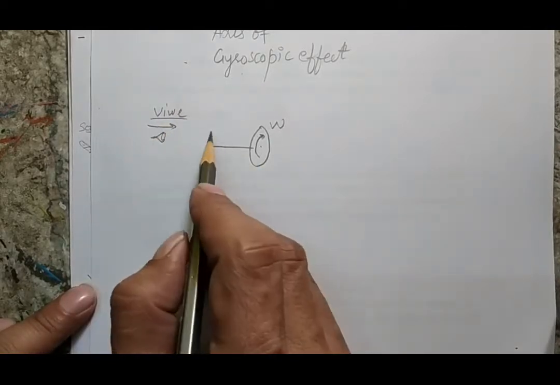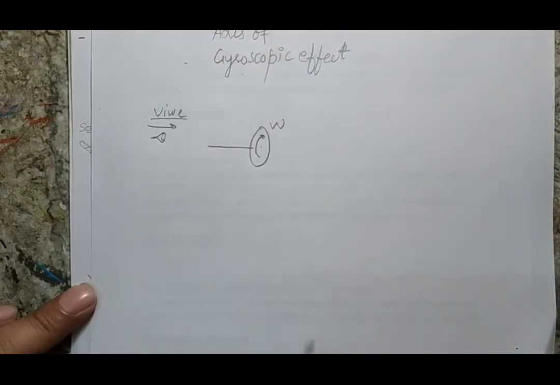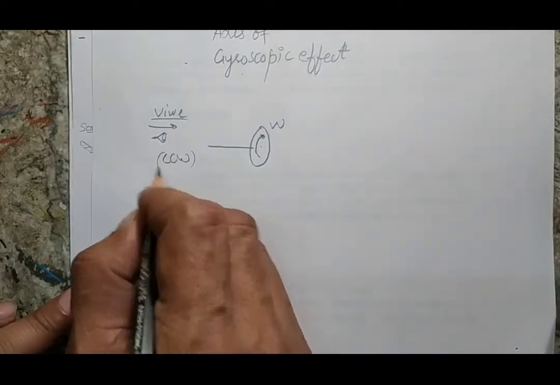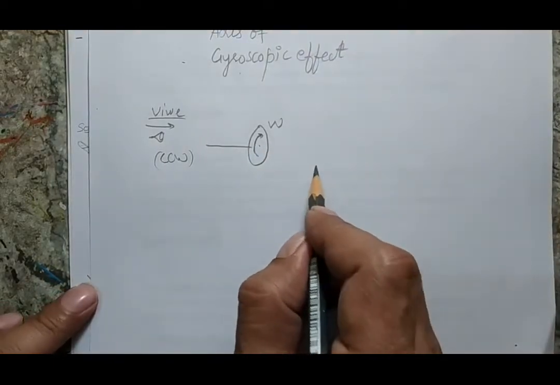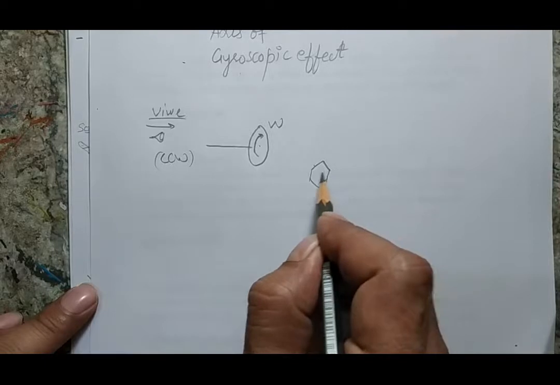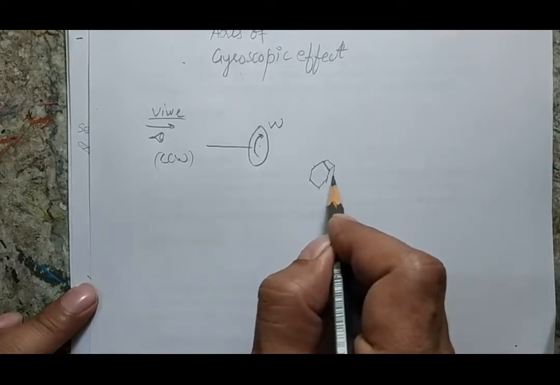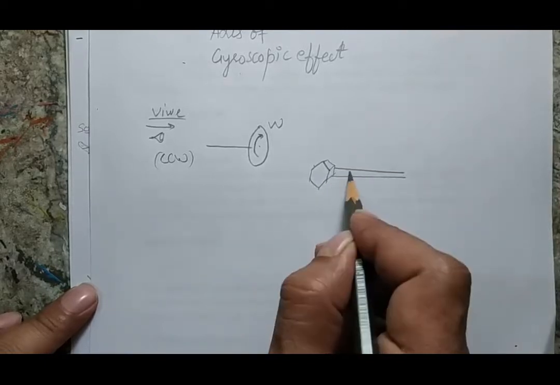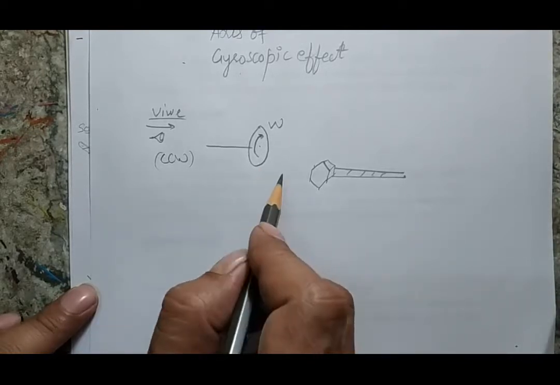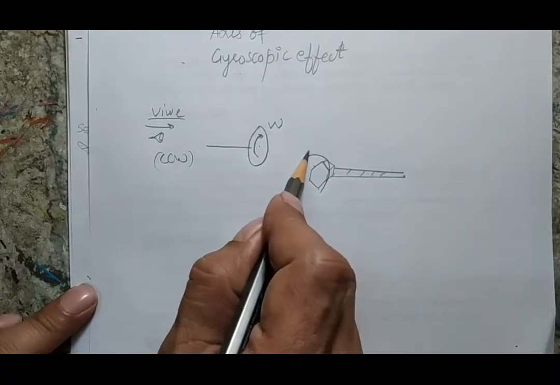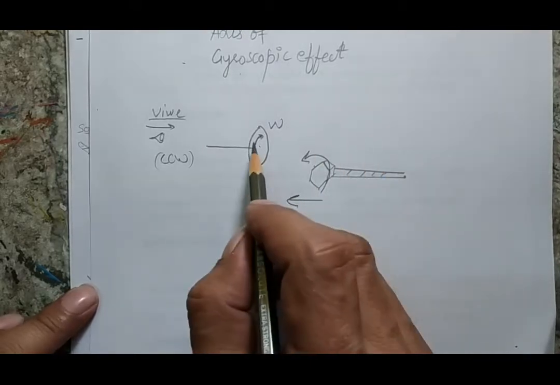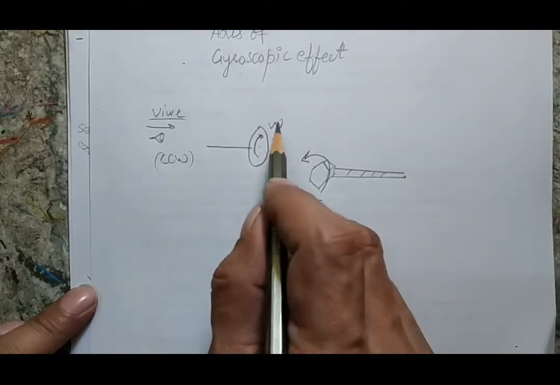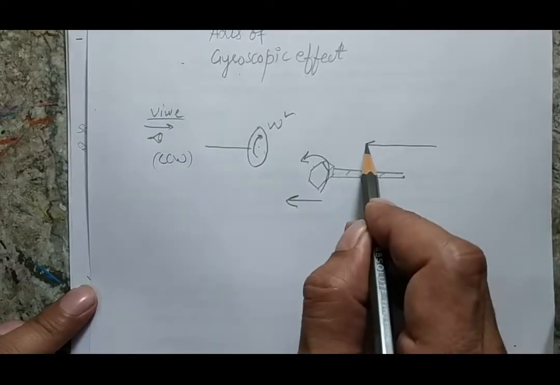Suppose from this side I see it rotating in the counterclockwise direction. If I have a screw and I rotate it in the counterclockwise direction, the screw is coming in this direction. So when I make the vector of this omega, the direction of the vector will be towards the left.